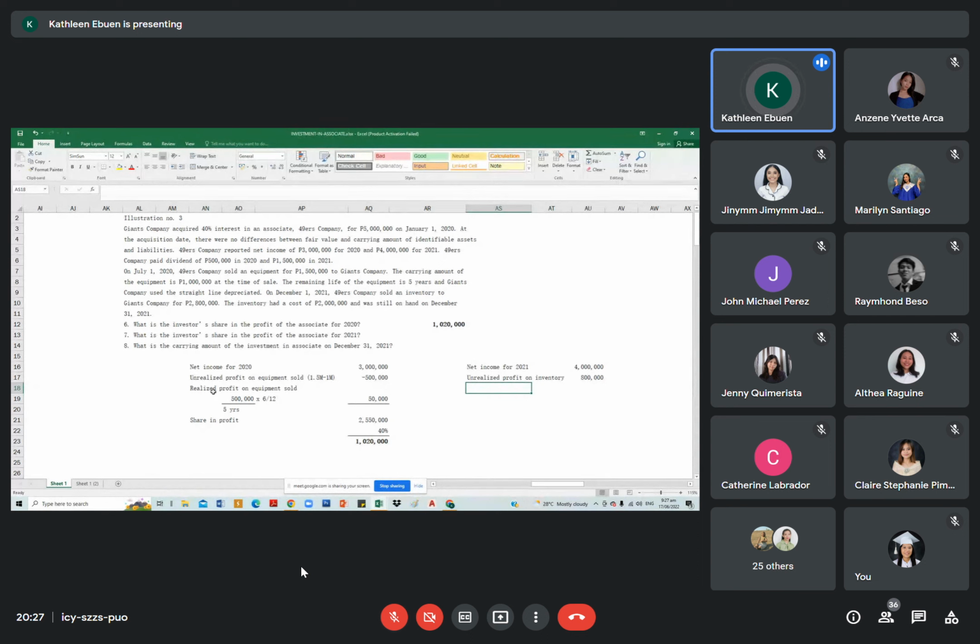Pero, meron tayong profit from the equipment sold. So, yung realized profit on equipment sold, so, yung 500,000, divide natin sa 5 years. Okay. Magkano to, class? 100,000. Buo na, class, 100,000 kasi pang buong taon na siya. I-amortize kasi natin ito, class, itong 500,000 na difference.